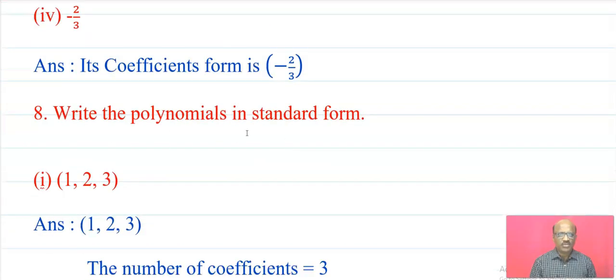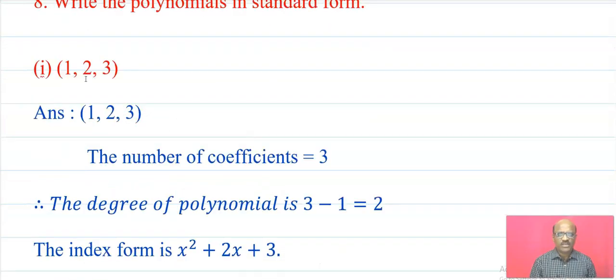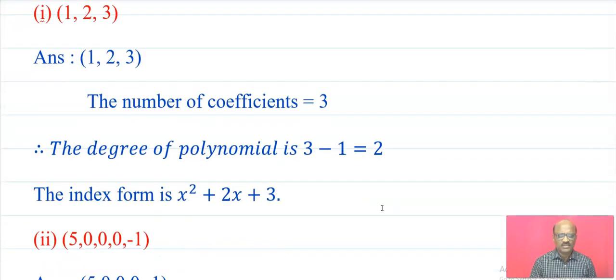Write the polynomials in standard form from coefficients 1, 2, 3. Therefore, the number of coefficients is 3. Degree of the polynomial is 3 minus 1, that is equal to 2. Therefore, we write the polynomial: first coefficient 1 into x square, that is x square, 2 into x, that is 2x, and third is 3.